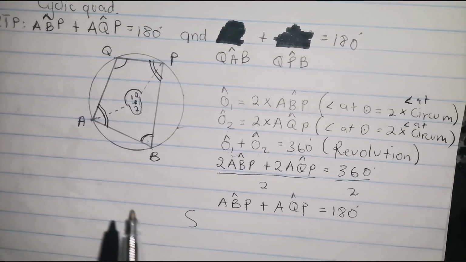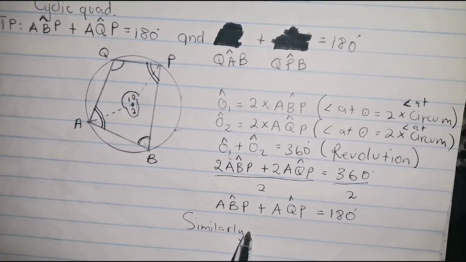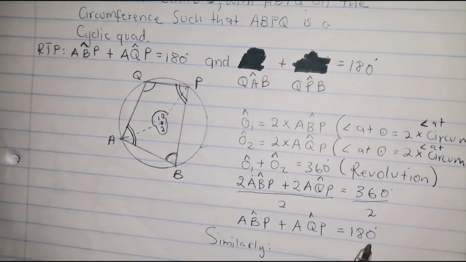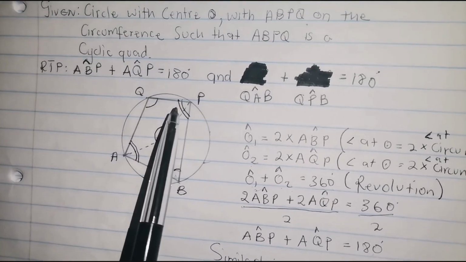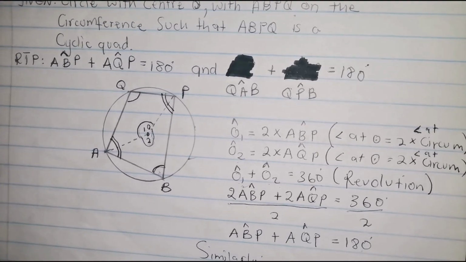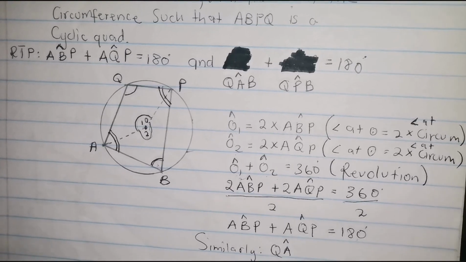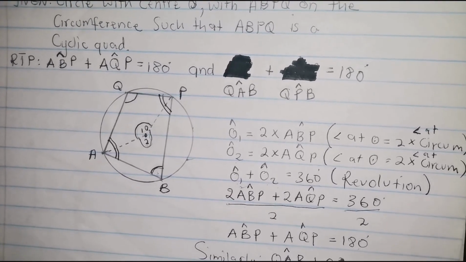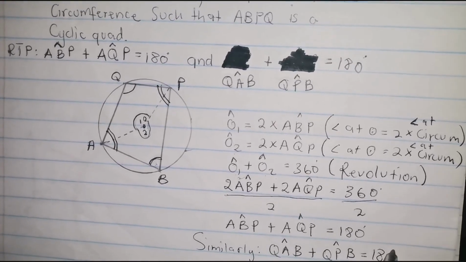Similarly, if this angle plus this angle equal 180 degrees, similarly this angle and this angle are going to be equal to 180 degrees. Similarly, angle QAB plus QPB equal to 180 degrees.